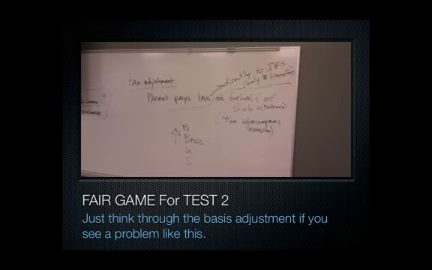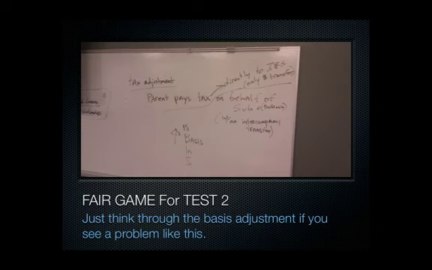Now that said, here's an item that is fair game for the test. We talked about the tax adjustment that happens when a parent pays the whole corporate tax. All right, so they're paying money to the IRS, but really some of that money they pay is on behalf of subs. Right? And when the parent makes the payment to the IRS, that changes the parent's basis in the sub.